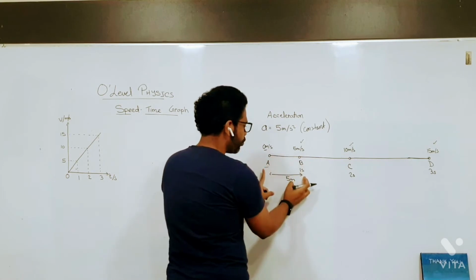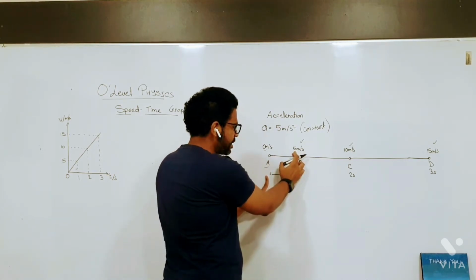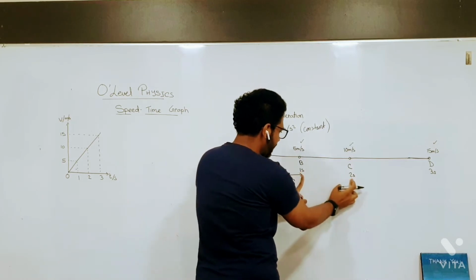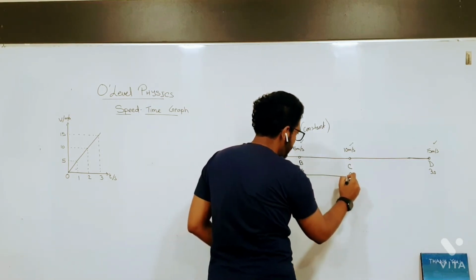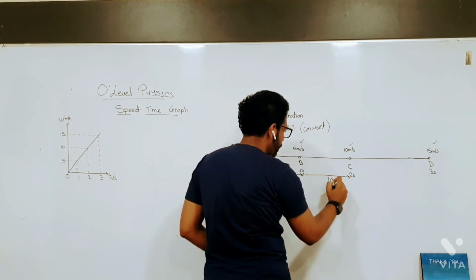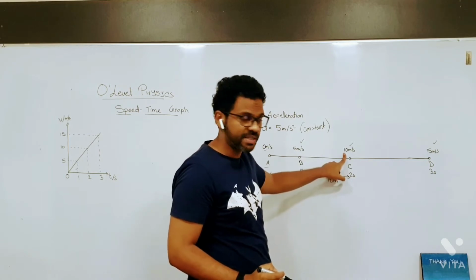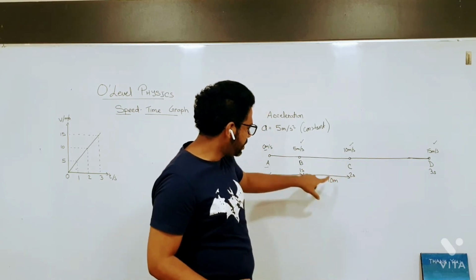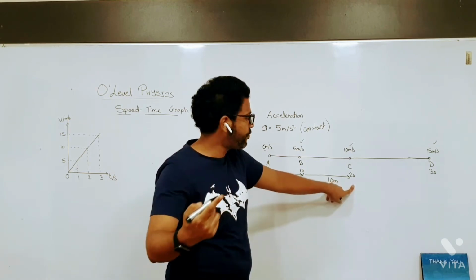So if in this 1 second it has moved 5 meters, the velocity became 5 meters per second. After another 1 second, that is from 1 to 2 seconds, the object has to move 10 meters, because from here to here the velocity is 10 meters per second. So in the interval between 1 second and 2 seconds, the object moved a distance of 10 meters.